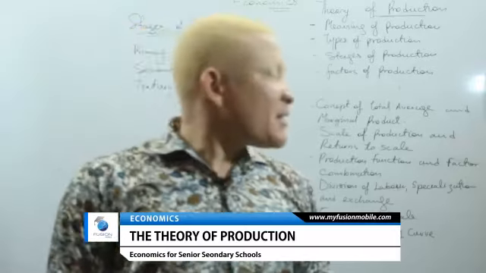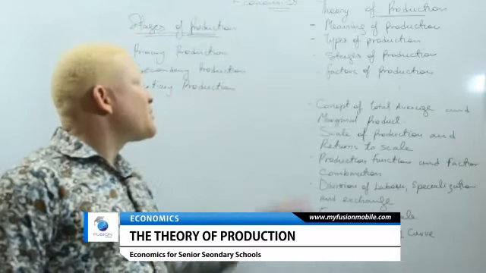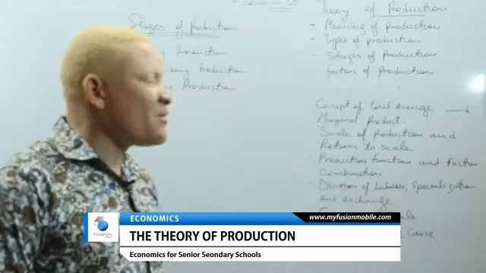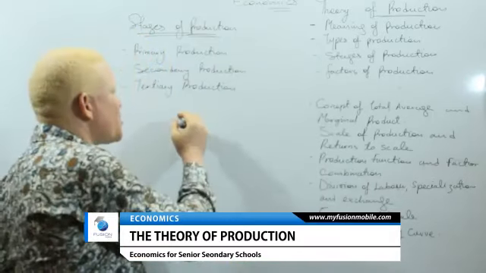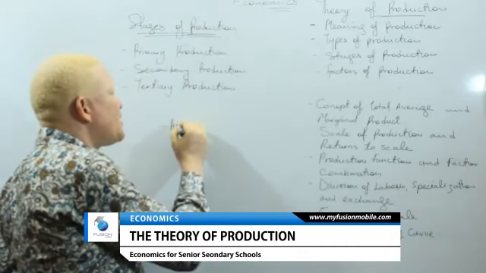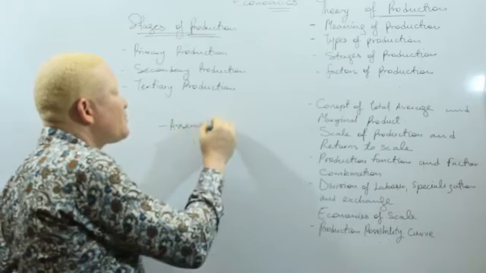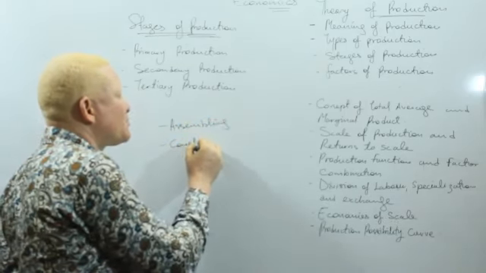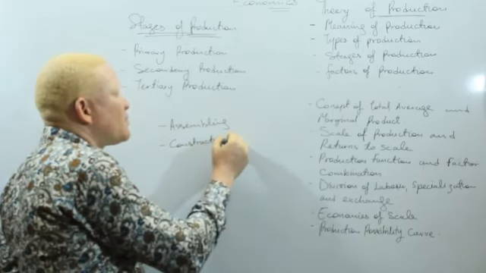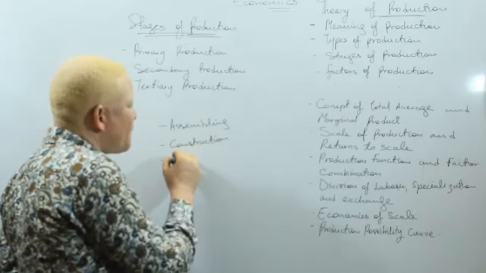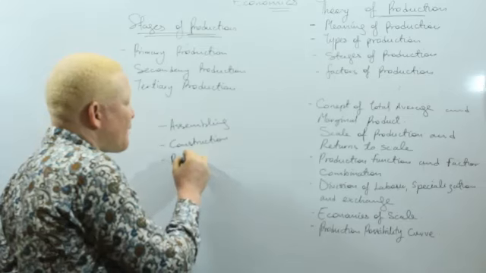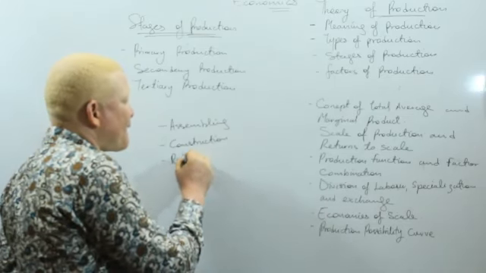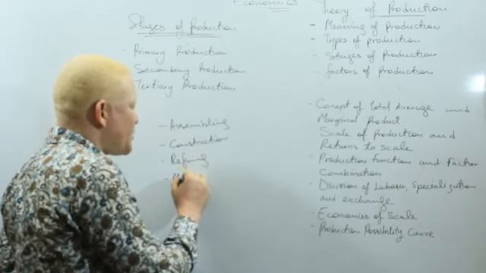Now, the activities that could be involved during secondary production, we have things like what? Assembling and construction. We also have refining and manufacturing.